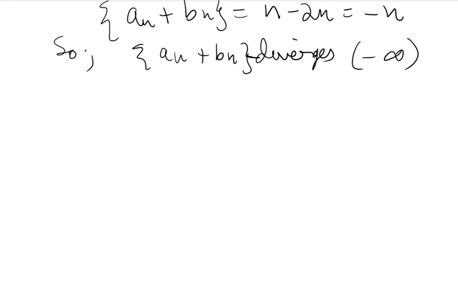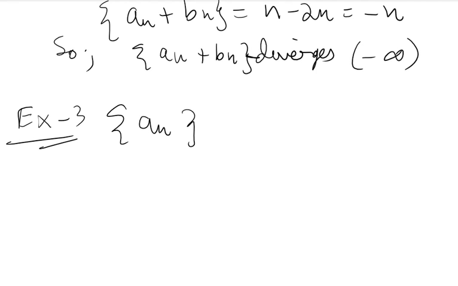The third example would be, let's say again, an tends to infinity and bn tends to negative infinity. No, bn will not tend to minus infinity.